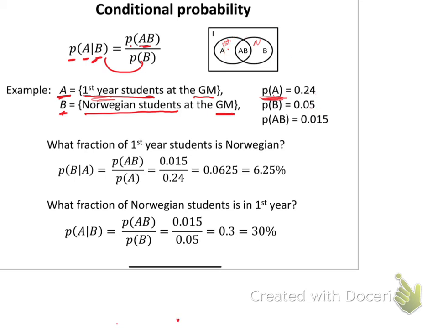So what is the probability of being students in the first year and at the same time being Norwegian students? Of course, it will be less than the probability of A and less than the probability of B, because probability A is a big set, probability B is a big set, and this is a portion of both of them.